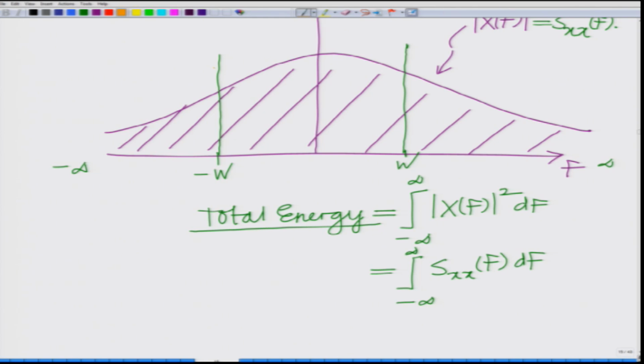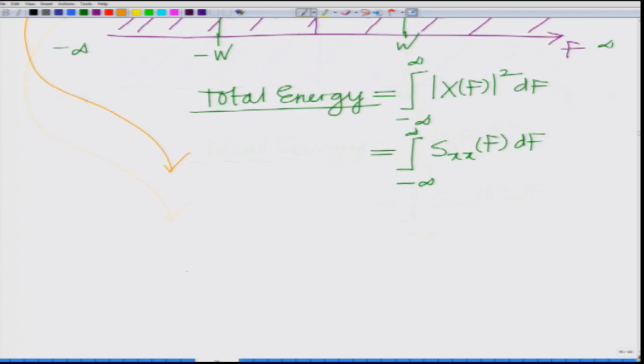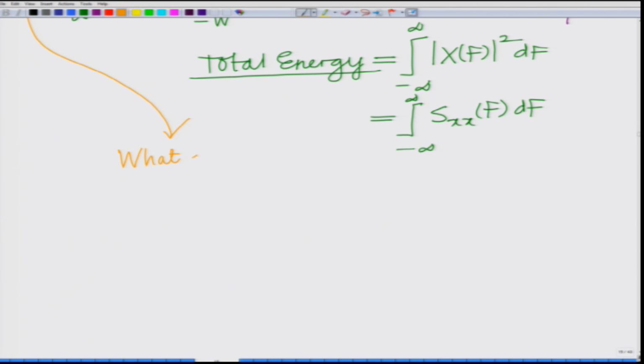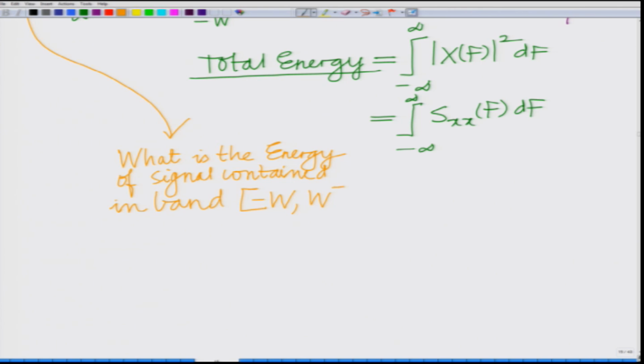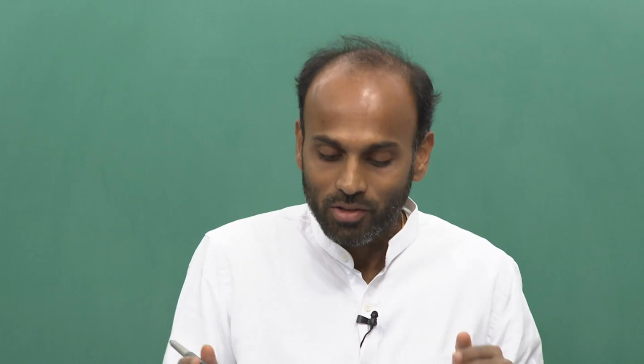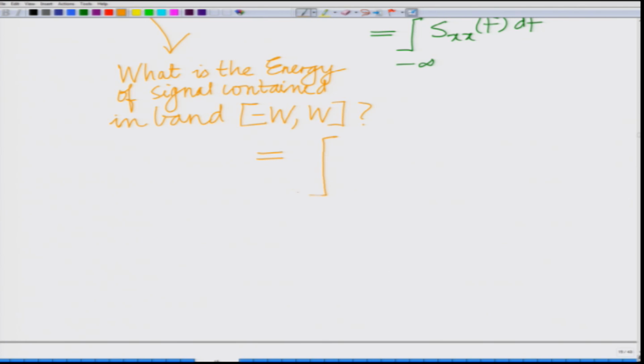If I look at this band of bandwidth W and ask what is the total energy of the signal contained in it, that can be obtained by integrating this quantity Sxx(f) over the band minus W to W. So, the energy in the band minus W to W is the integral of Sxx(f) over that band.